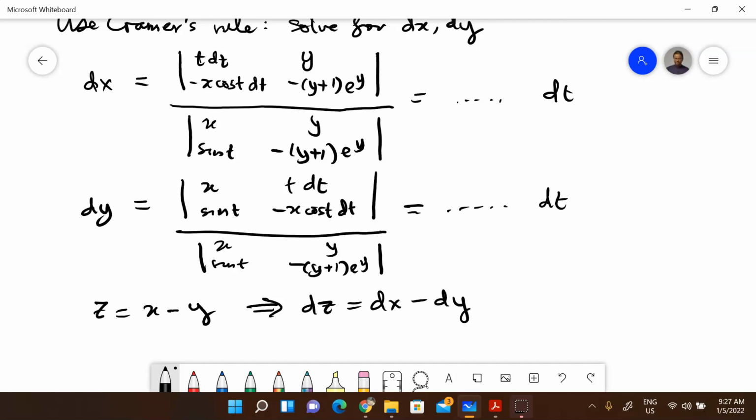Now you already have an expression for dx. Suppose that you have actually solved this. Let me write this as, say, capital A, and this is capital B. Then I will have capital A dt minus capital B dt, and from that you are able to find out what your partial z, partial t is.